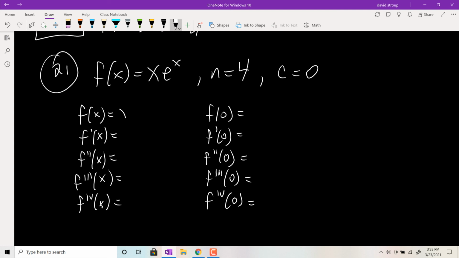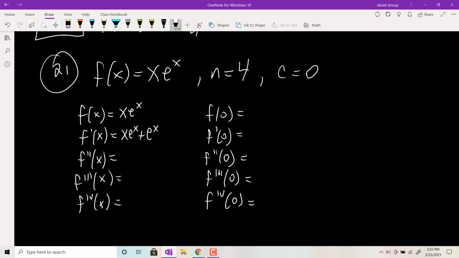So we have x e^x, first derivative: leave x alone, times e^x, plus take the derivative of e^x, leave x alone times e^x, because e^x is the derivative of e^x, right? And then plus, take the derivative of x, which is 1, and leave e^x alone.